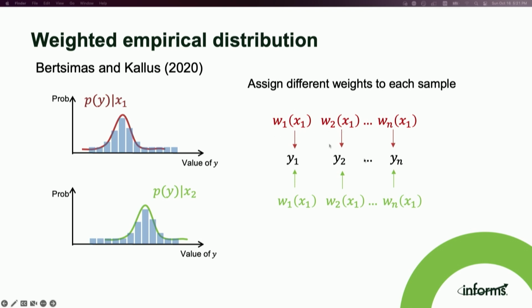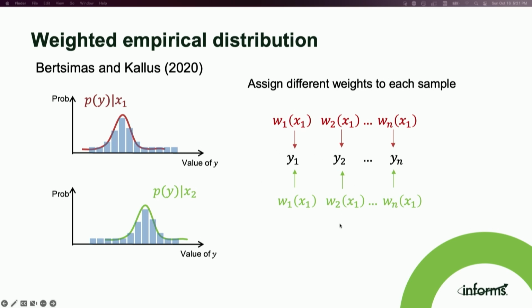The main idea is that we could emphasize, through these weights, the more important data samples for the given feature value. Then the weighted empirical distribution could be considered as this distributional prediction, which depends on the value of x.